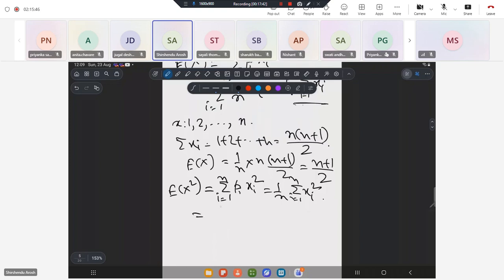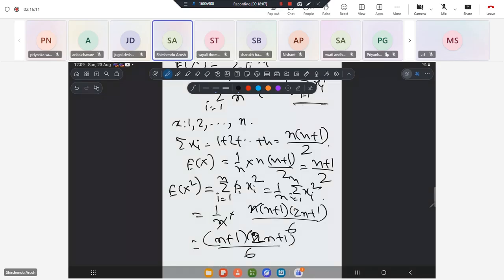If you remember, the formula was 1 by n, n into n plus 1 into 2n plus 1 by 6. So it was (n plus 1)(2n plus 1) by 6.